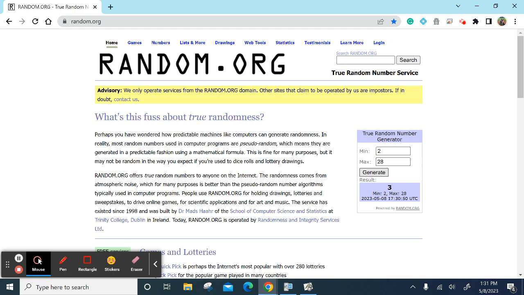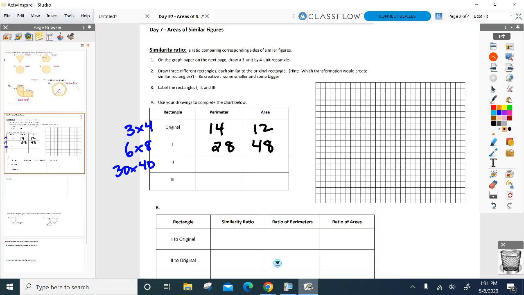Perimeter and area for this one. The perimeter would be 140. And the area would be 1,200. Thank you.